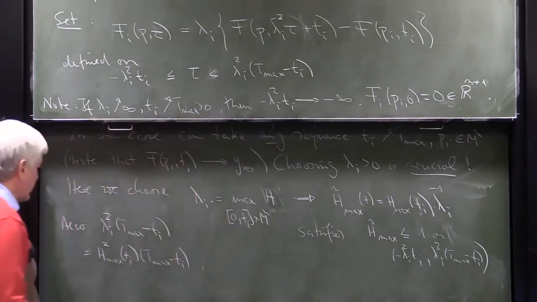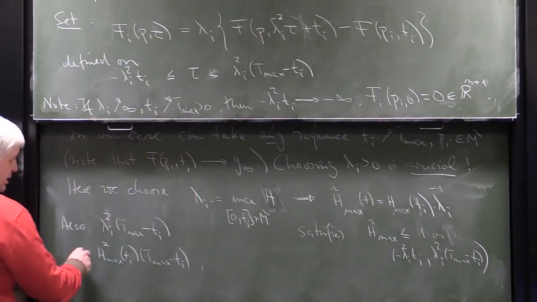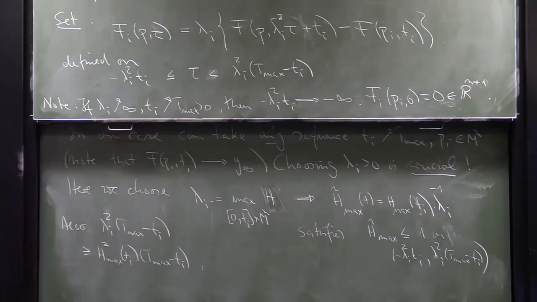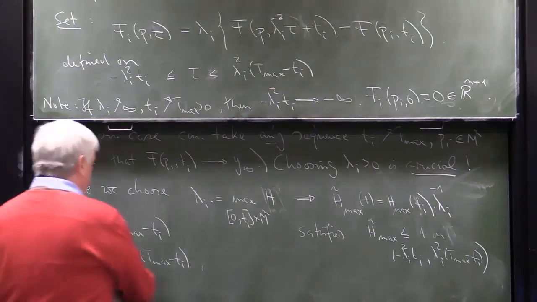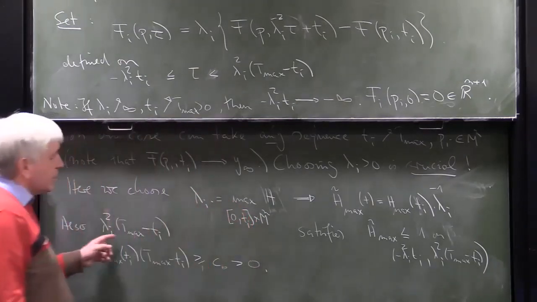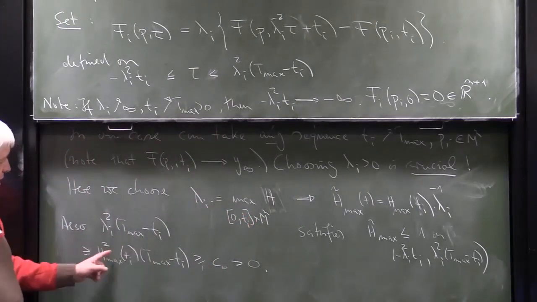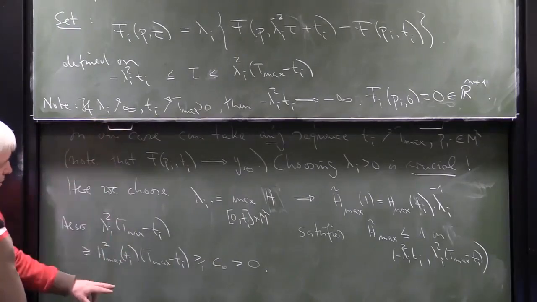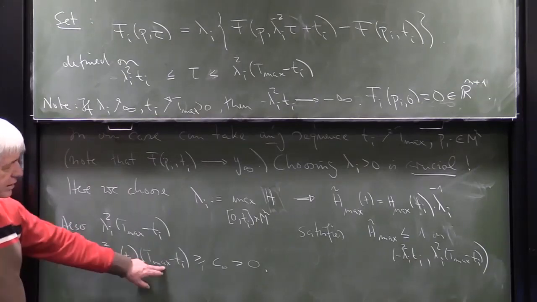Yeah, well, it's certainly greater than that. And we know that this is greater than some constant, greater than 0. On the other hand, this is also bounded from above by our other estimate, that the mean curvature is equivalent to this difference.